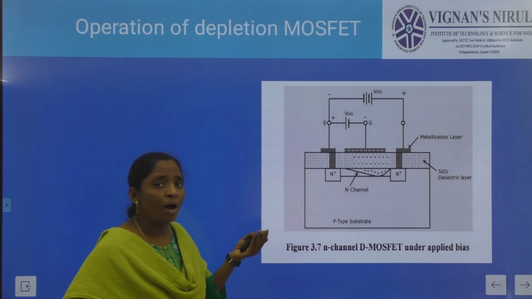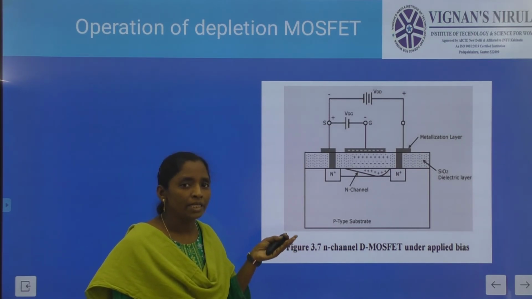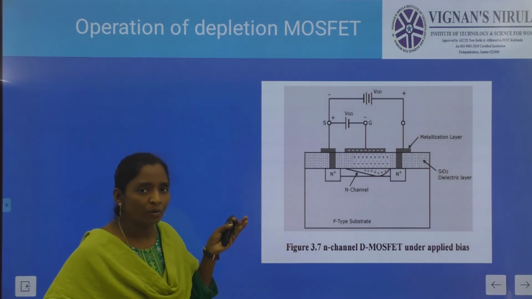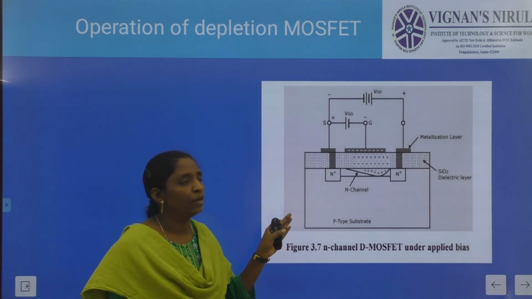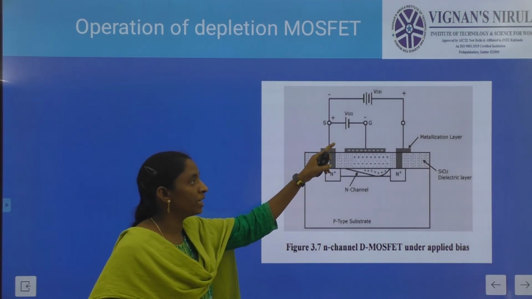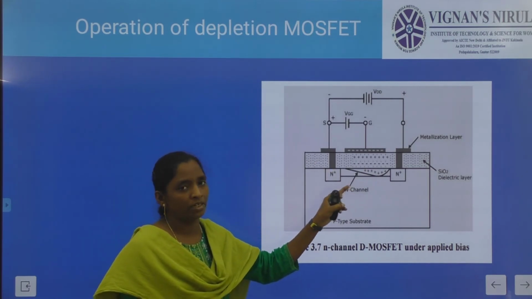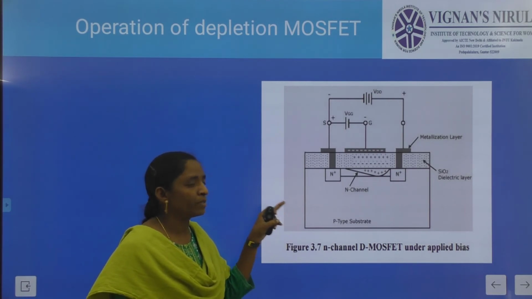To operate the depletion MOSFET in enhancement mode, what do we have to do? We should apply positive voltage to the gate. If you apply positive voltage to the gate, there is a negative charge, or electrons, induced at the P substrate side.